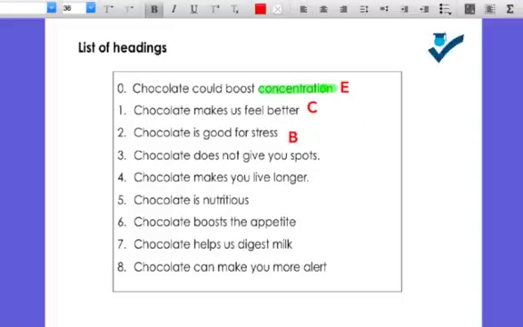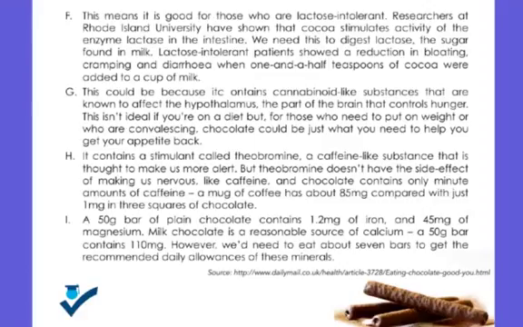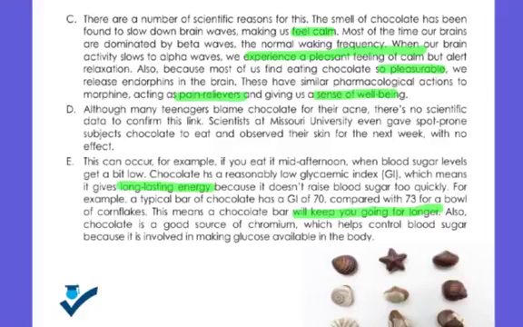Okay, heading 3, chocolate does not give you spots. Okay, what are spots? What is the meaning of the word spots? Pimples, perhaps, yeah? Okay, so let's take a look at the paragraph that has this particular heading. Chocolate does not give you spots. Okay, might be somewhere there.